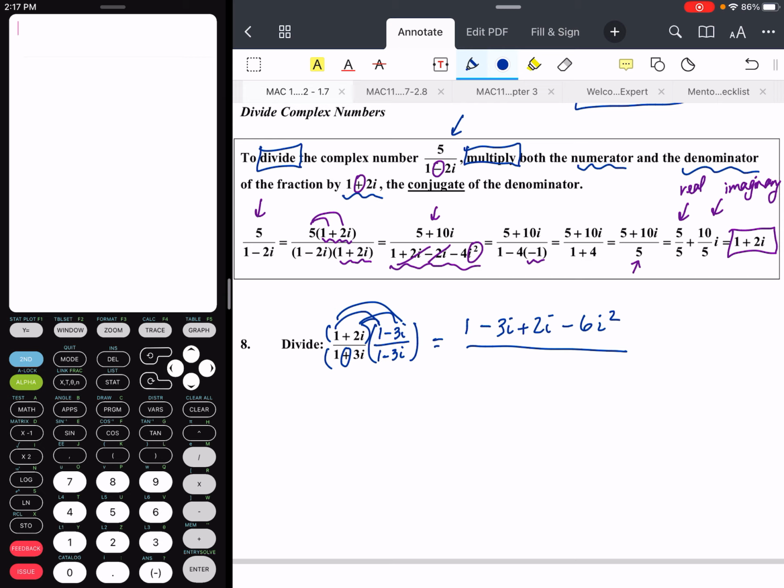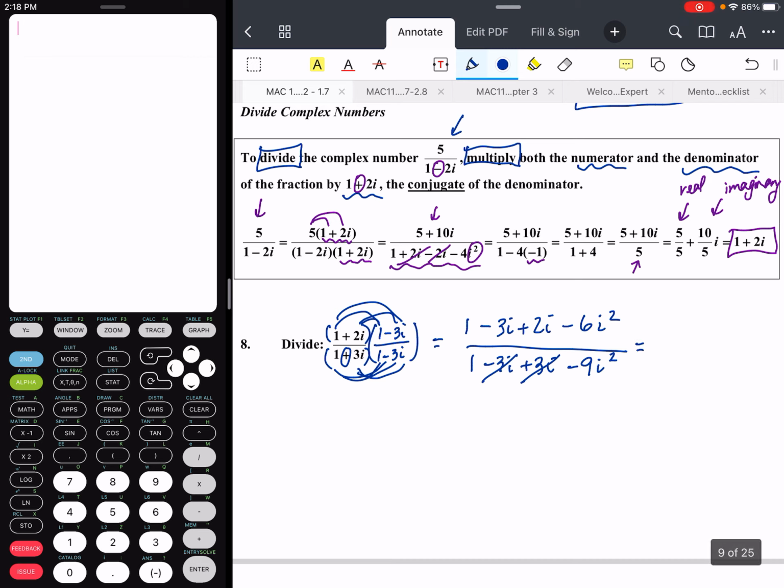In my denominator, 1 times 1 is 1, minus 3i, plus 3i, and then that last step, positive 3i times negative 3i is negative 9i squared. And notice right off the bat, minus 3i plus 3i, get rid of them.